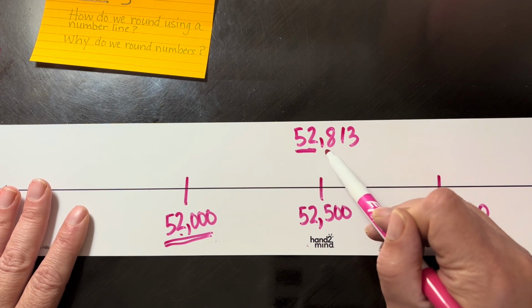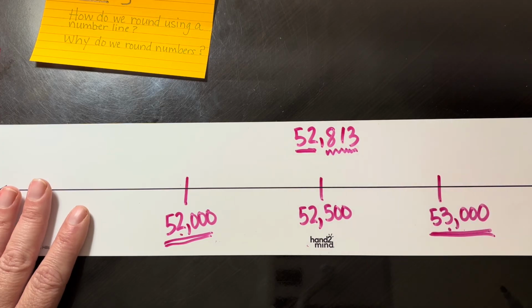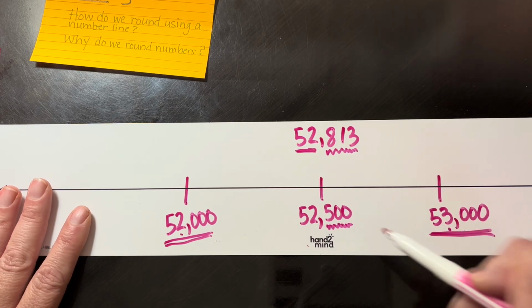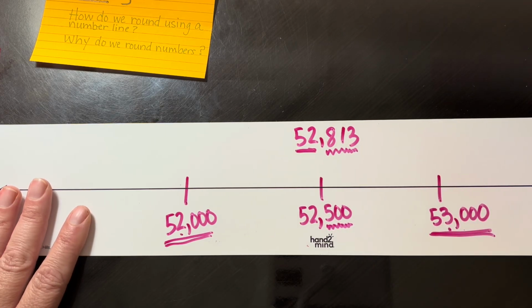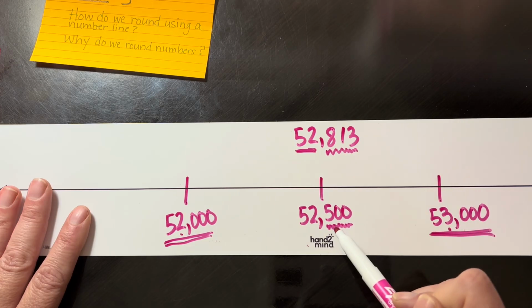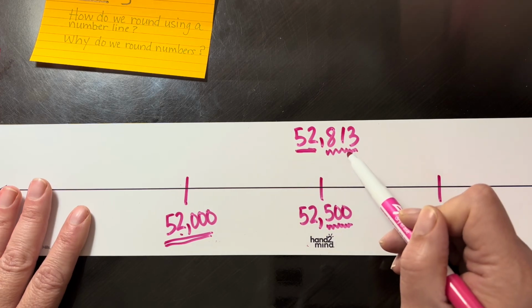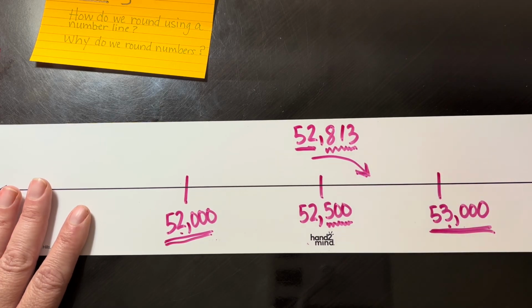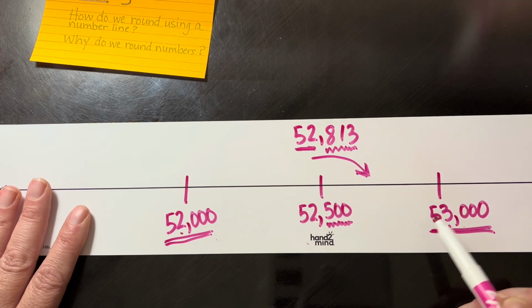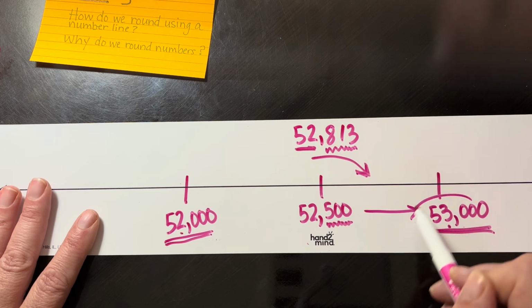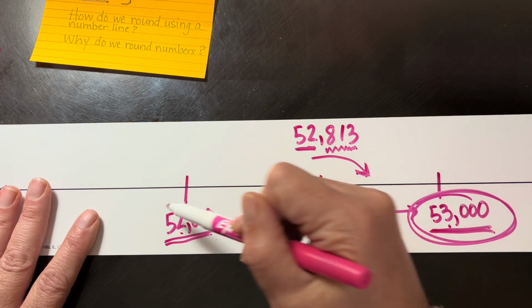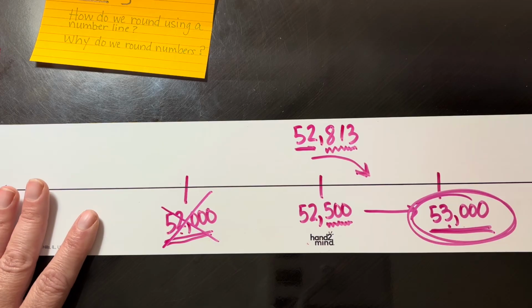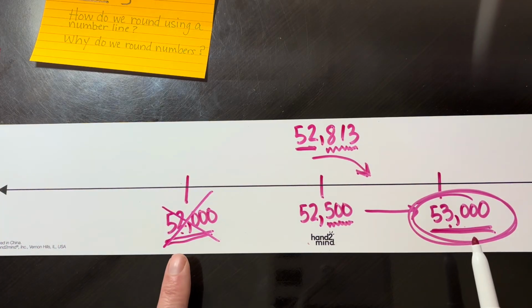Well, 52,000 and my extras of 813, do I have more extras or less extras than my benchmark, my midpoint? My midpoint has 500 extras. You have 813 extras. You have more extras than the benchmark, so you will be to the right, where the numbers are greater, making you closer to 53,000 than to 52,000. Remember, these were the only two options.